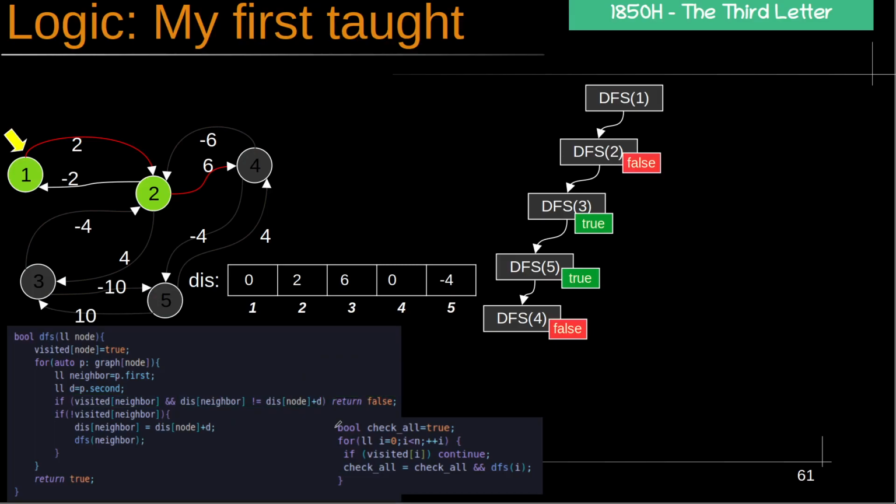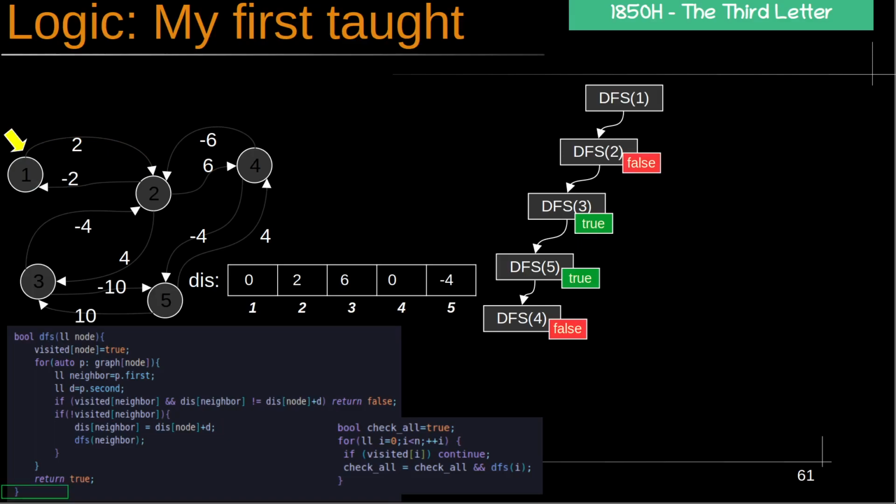And no need to continue with 2, because from 2 to 4 we have false. We have found just one path, and if one path returns false, there is no need to see the other paths. So we backtrack to 1.